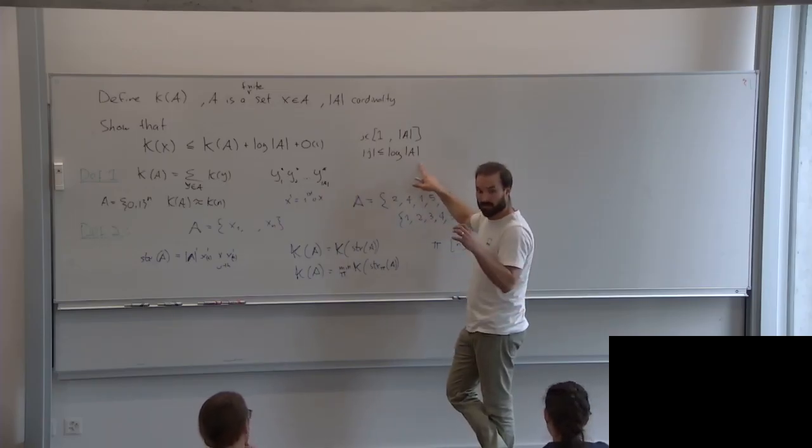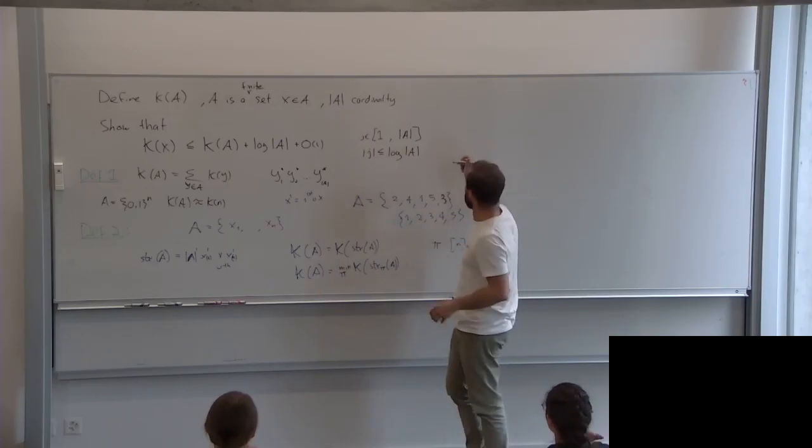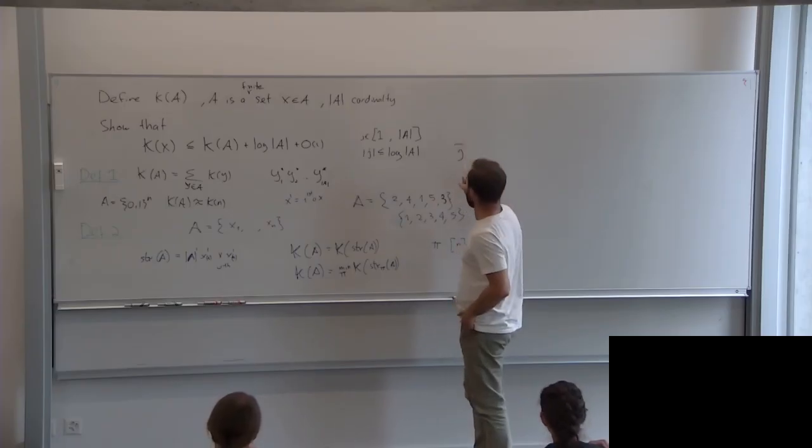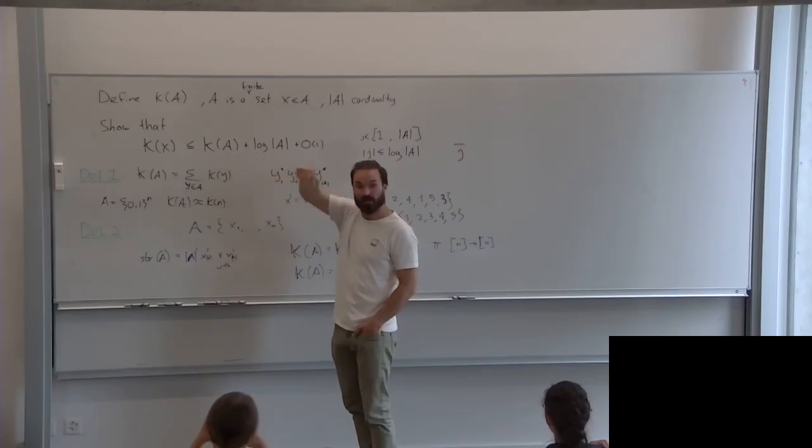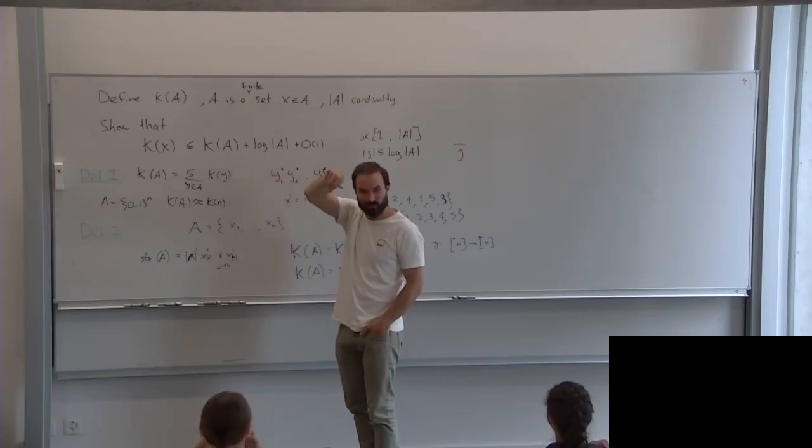The reason why Will gets a factor of 2 is because he wants to encode J bar to have a self-delimiting program. We're in the prefix complexity setting, and that's why I mentioned in the heading of the problem sheet, if you're giving me a program in your argument, make sure it's self-delimiting.